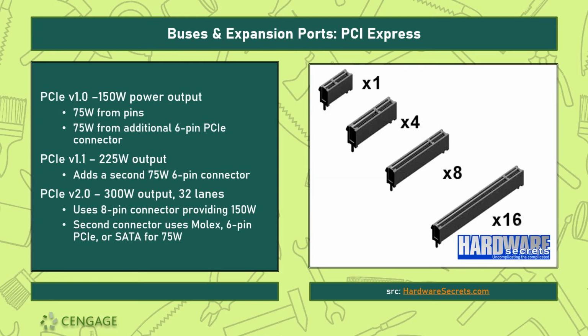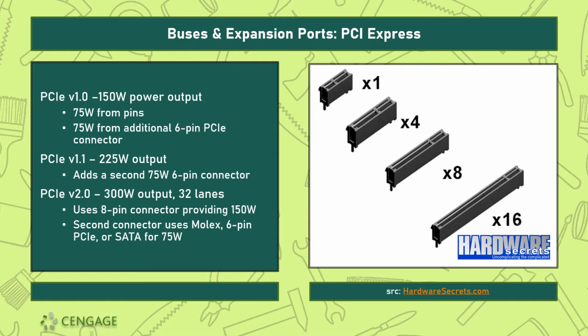So here we can see some visual representations of what the different PCI Express slots look like. You can see the X1, shortest of the lot. The X4, about double the size. The X8, probably another 50% over, and then the X16, probably another 30 or 40% above that. So the X16, you can see, is probably about 5 or 6 times larger than the X1.